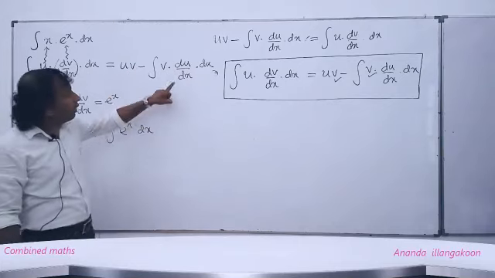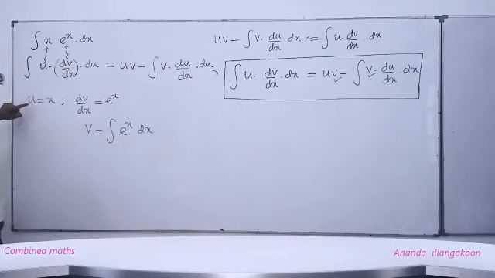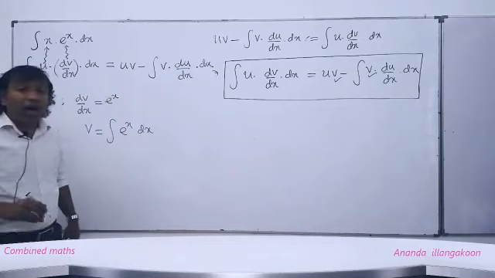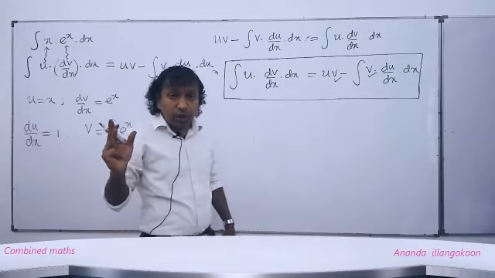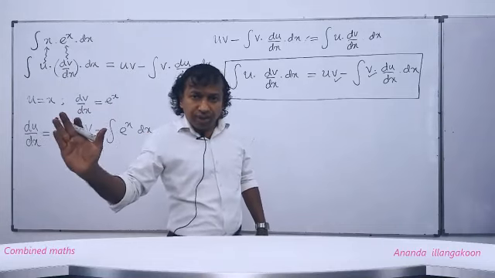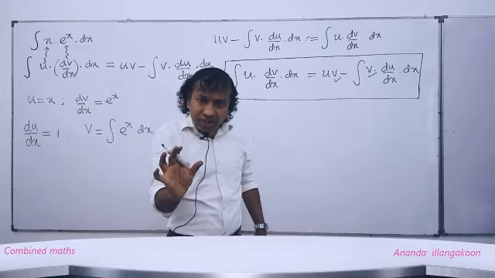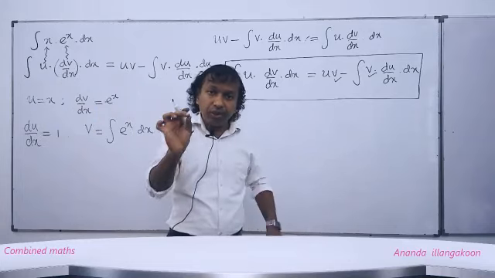And on the right hand side, we have du by dx. That means this u function we have to differentiate. So therefore, du by dx is equal to the derivative of x with respect to x, which is 1. So remember, after deciding your u function and dv by dx function, the u function you have to differentiate, and the dv by dx function you have to integrate to find v.